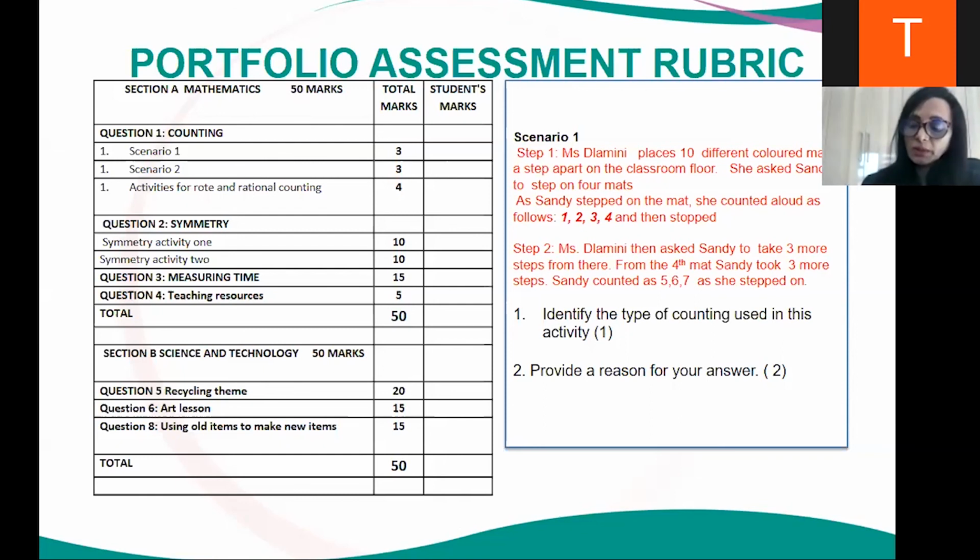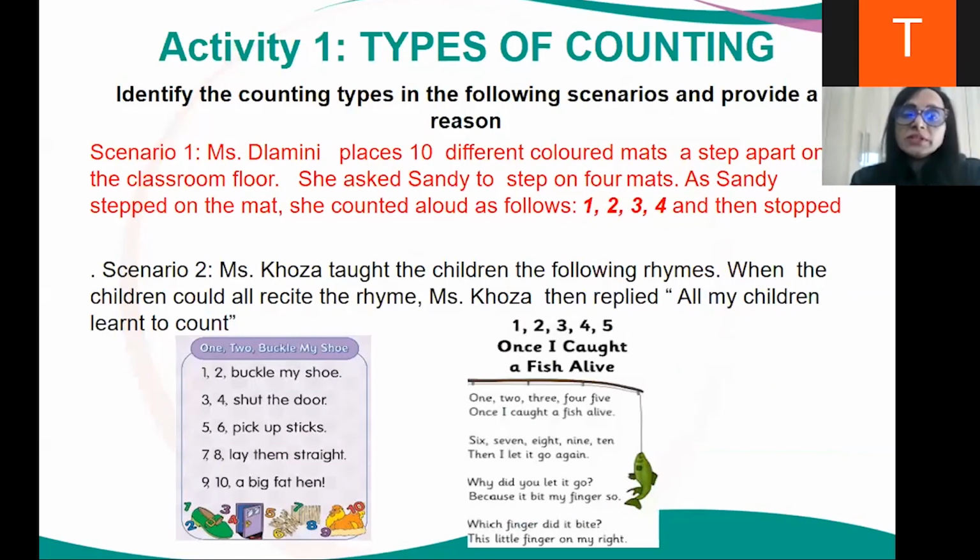Okay. Think about this whilst we look at the second example. Identify the types of counting. Scenario 2: Ms. Kosa taught the children the following rhymes. When the children could all recite the rhyme, Ms. Kosa then replied, all my children learn to count, I don't have to worry about them. And the rhyme is 1, 2, buckle my shoe.